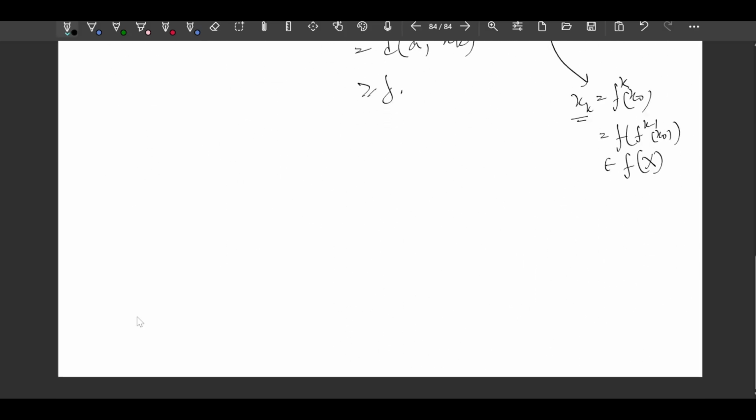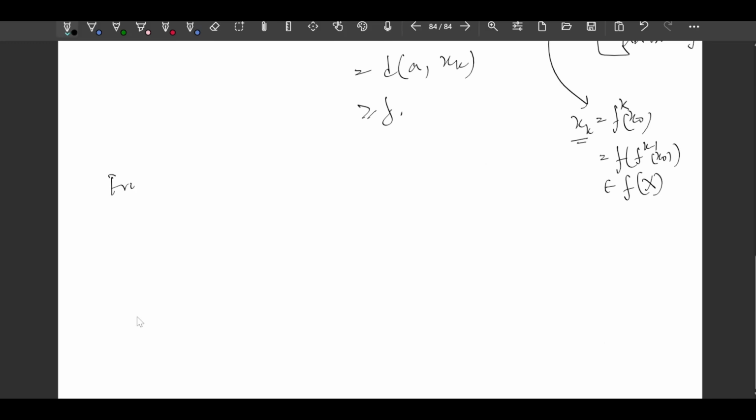Then by case 1 and case 2, what we can say, for all m not equal to n, distance of xm comma xn is greater equal to delta, right?